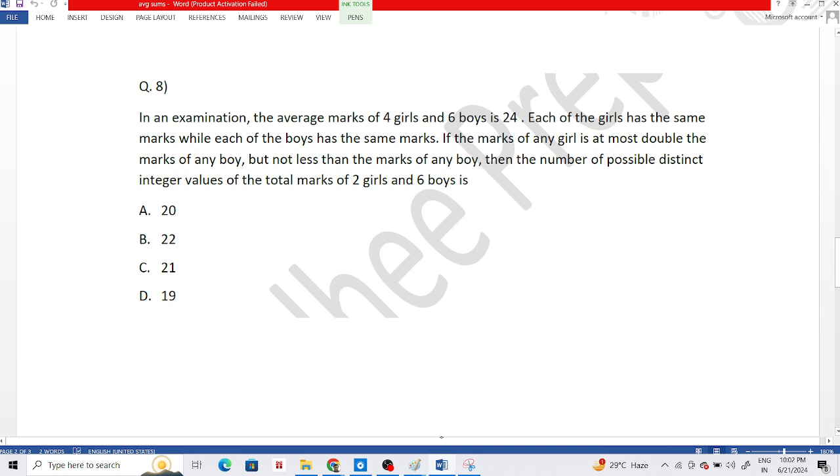right? Each of the girls has the same marks while each of the boys has the same marks. If the marks of any girl is at most the double of the marks of any boy, so from here what information do we get?